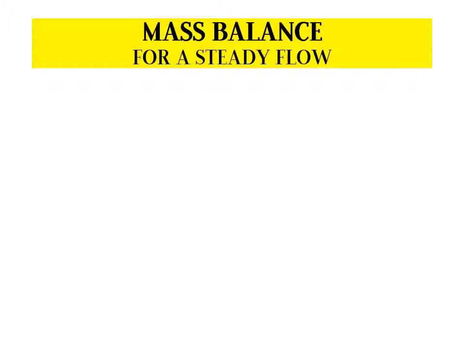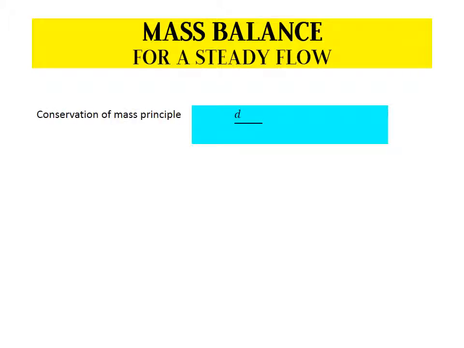To obtain the mass and energy balance, we first have to apply the conservation of mass principle. This principle enables us to write a mass balance in terms of the system that we have defined. The rate of change of mass contained within the control volume, dm_CV over dt, is equal to the sum of mass flows entering the control volume minus the sum of mass flows exiting the control volume.